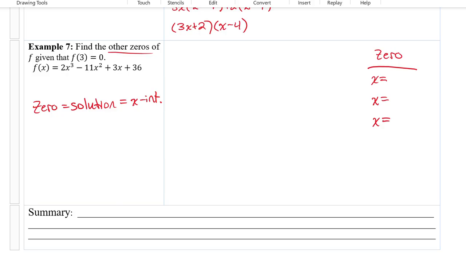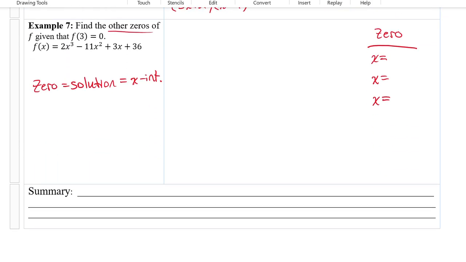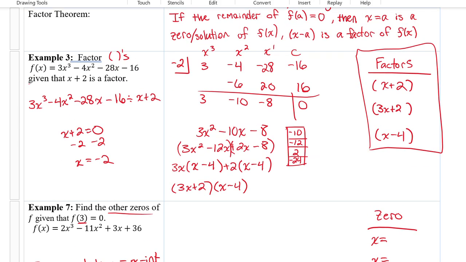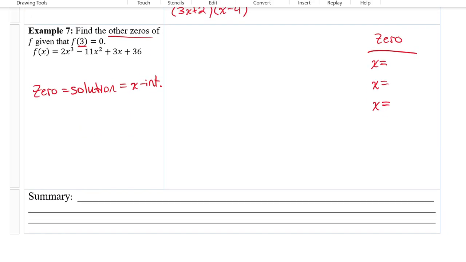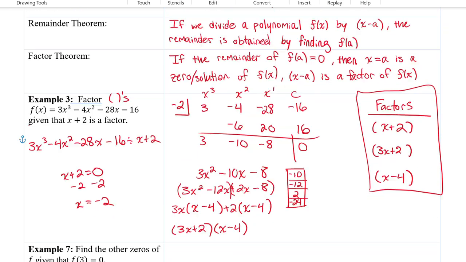What we're going to do in this problem is the exact same thing we did in the last problem, except we're going to have to go one step further. You will see in just a second. I have been given one number that, if I plugged it into this function, would create a result of 0. It would be 3. So that is one of our solutions. That is what the factor theorem is.